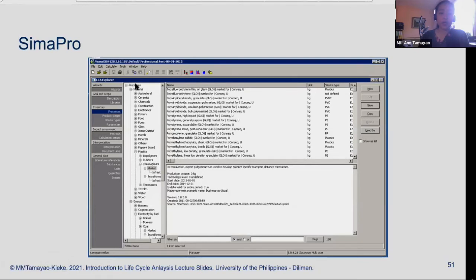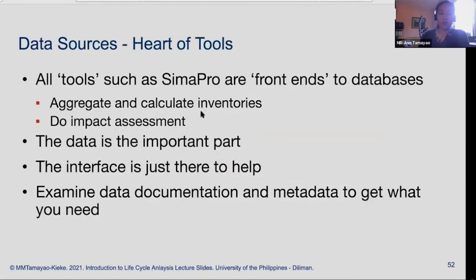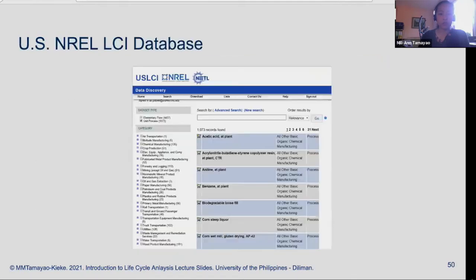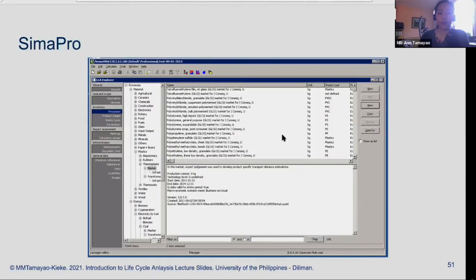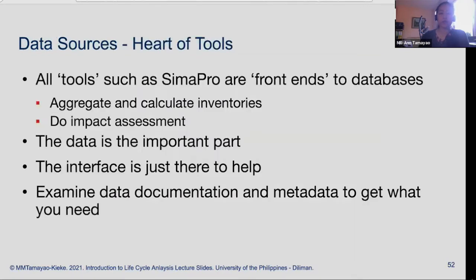So you can look at the different processes, the different materials, energy, etc. So you can have either processes or product stages or waste types, etc. If you click on one of these, oh, there was supposed to be another slide that shows the metadata for each of these items.